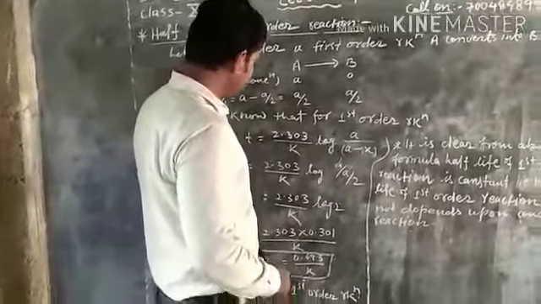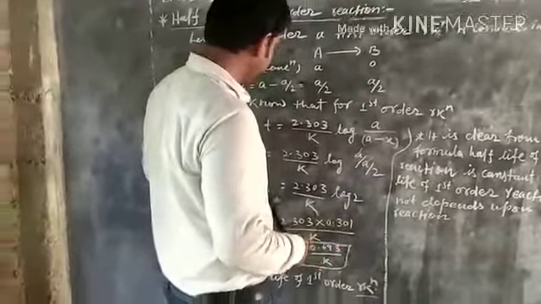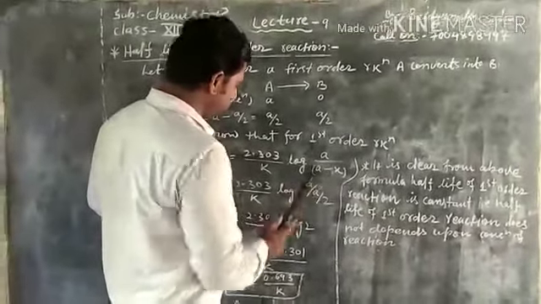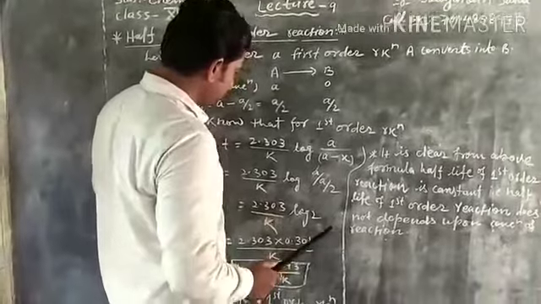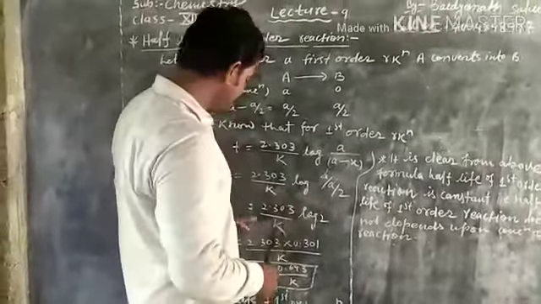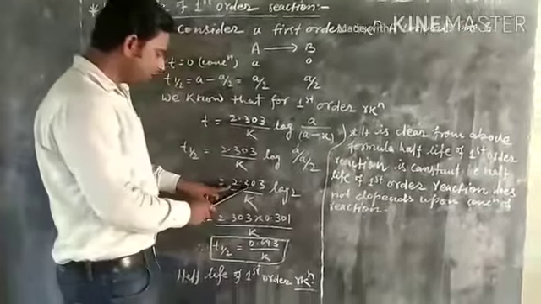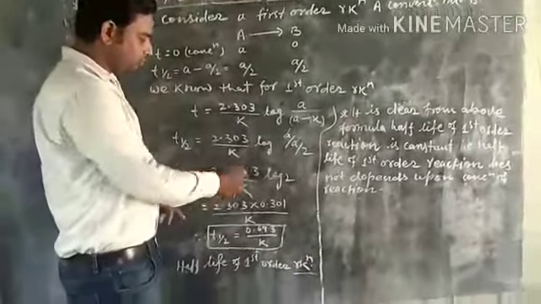So for T half, A minus X becomes A by 2. So A cancels. Now T half equal to 2.303 by K log 2.